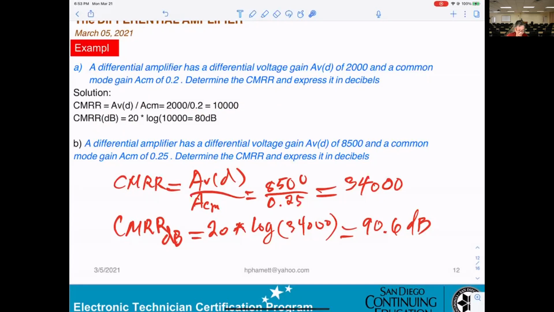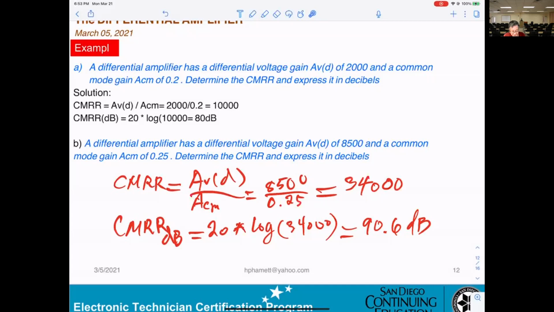Number B, a differential amplifier has a differential voltage gain AVD of 85,000, okay, and a common mode gain of 0.25. They want CMRR expressed in decibels. We already did it.